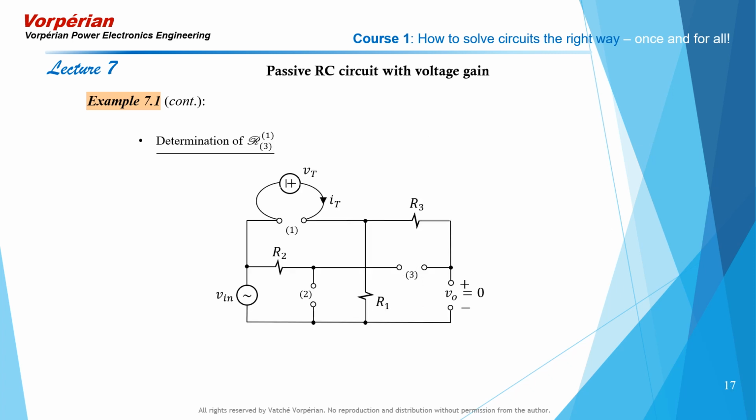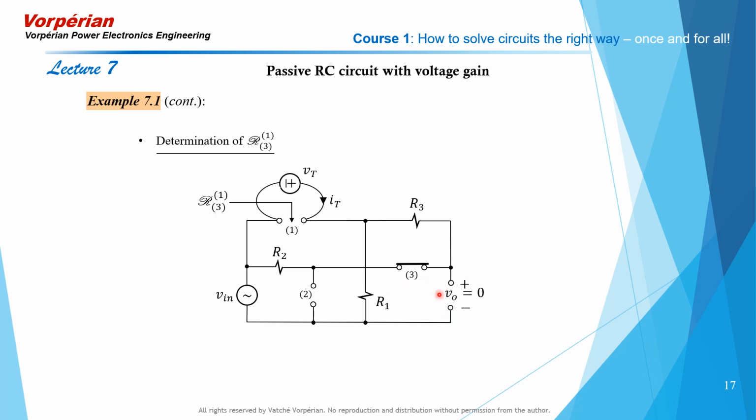And now we determine the null resistance looking into port 1 with port 3 in the opposite state of its reference state. The reference state of port 3 is an open, so in this case, when we determine script R13, we have to short port 3.